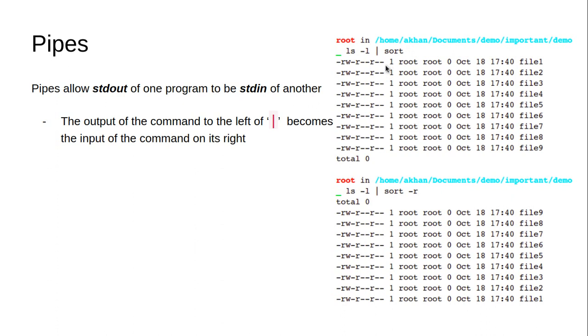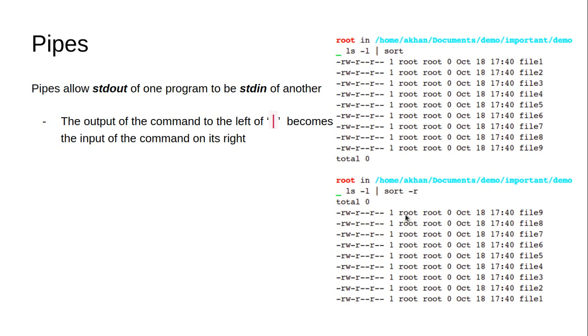Sort is a utility to sort files depending on their timestamp, number or name, and it will do a numerical sort and an alphabetical sort with the provided options. I am just using a pipe to provide the output of this command as an input to the sort command. Pipes are very important and are one of the fundamental stream redirection commands.